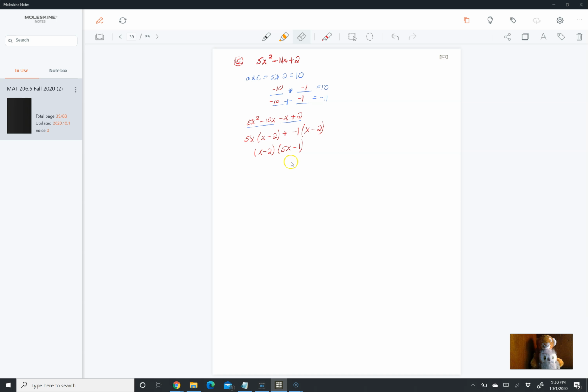Now, all this does for us is find the factors, but remember, our goal in part C is to find the roots. So we have to set this equal to 0. And then each of our factors has to be set equal to 0. And then we just solve. So in the first one, we're adding 2 to both sides. That gives us x equals 2.